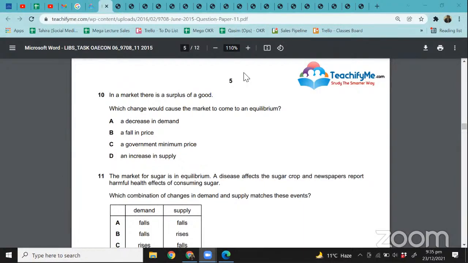We do know that. When supply is greater than demand, prices decrease and the market will come back to the equilibrium. Yes or no? Simple, right?